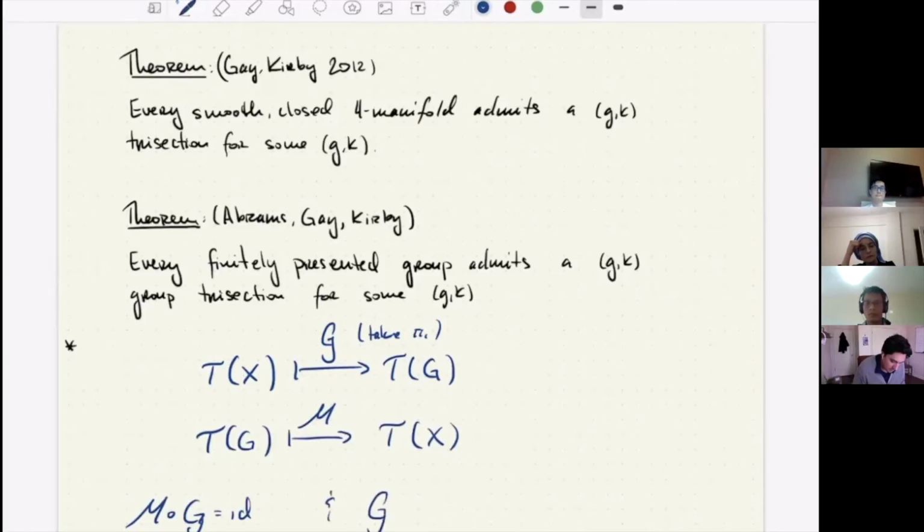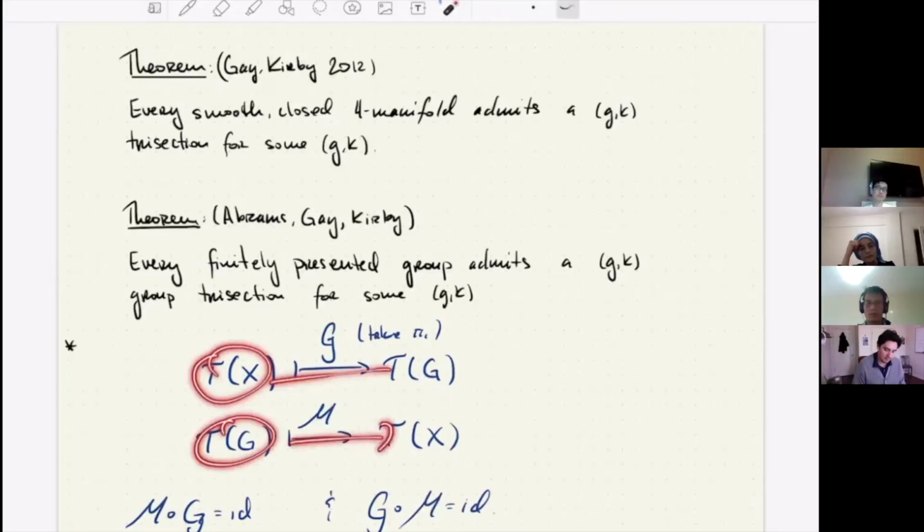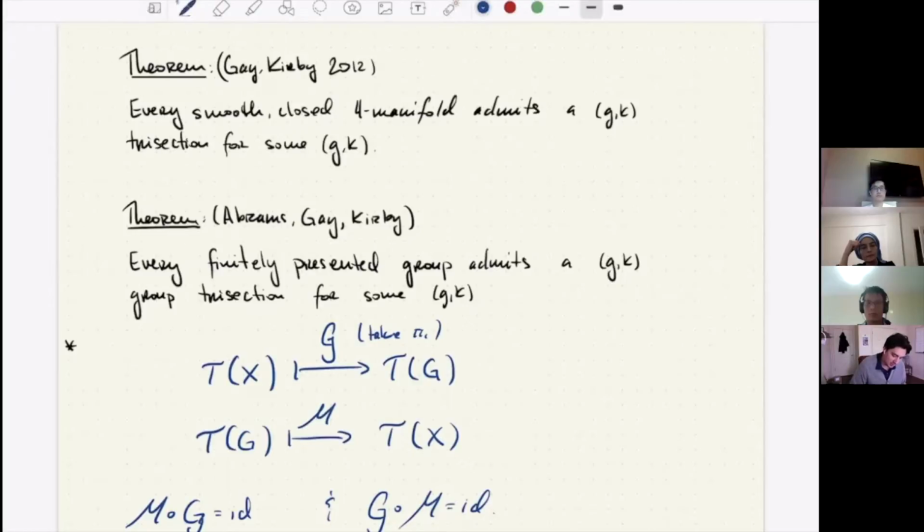And so you can do this construction and get back the same four-manifold, if I start here, go here, and then do that. Okay, and this second thing is really a construction.